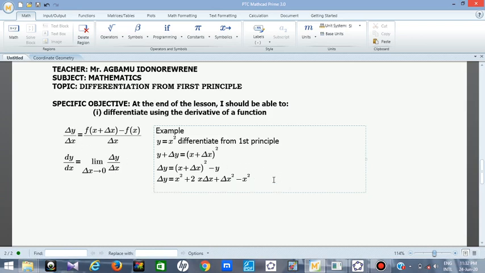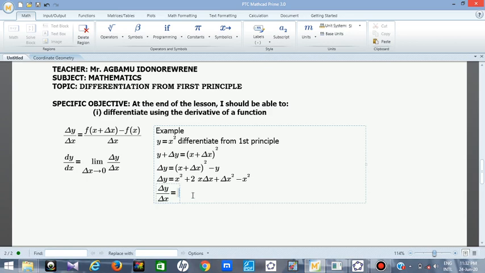So if we go to the next line, when we divide by delta x, we are going to have our value for delta y now divided by delta x, and this value will be equal to, if you watch well, you will see that x squared minus x squared, they are like terms. So x squared will subtract x squared, leaving us with 0.